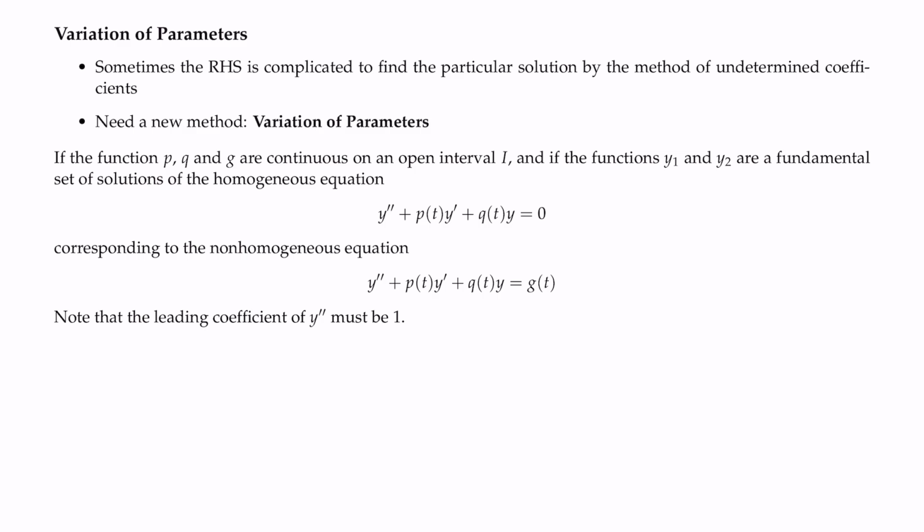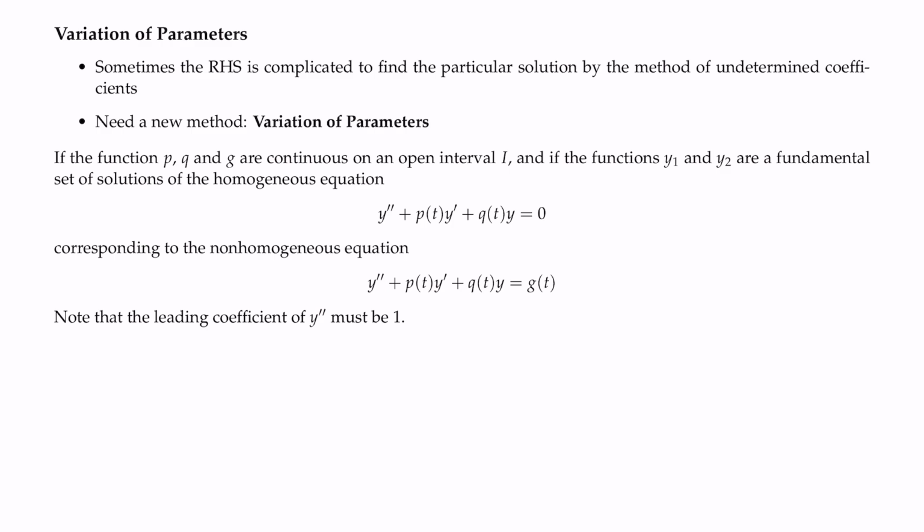Again, I want to mention that the leading coefficient here, the coefficient of y double prime, has to be equal to 1. Now we're going to derive the particular solutions of the non-homogeneous differential equation by assuming that the particular solution has the form of the homogeneous solutions.